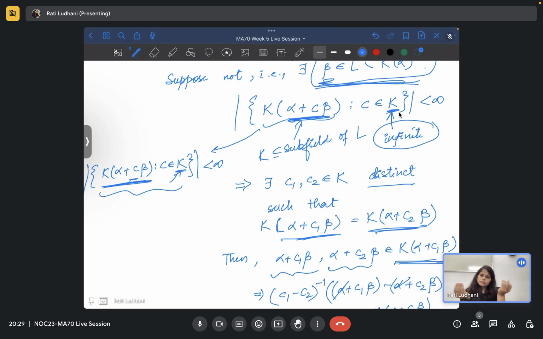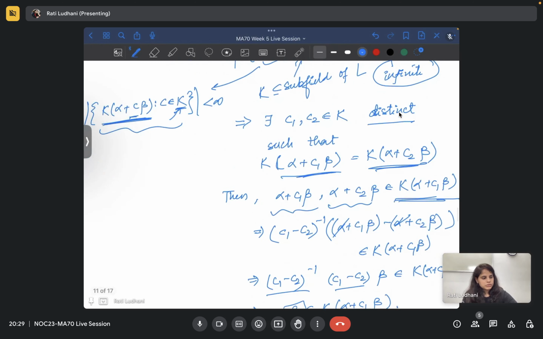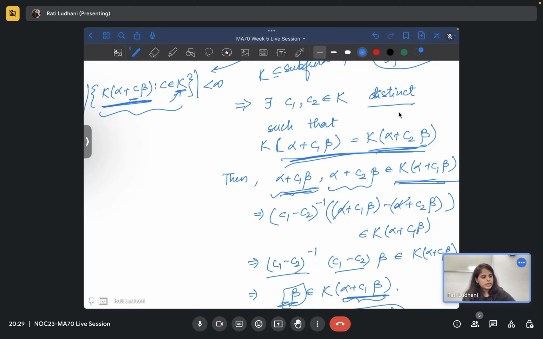So there will be some distinct C1 and C2, at least two. You will get this condition, and you know that these two fields are the same. So you have both elements in K(alpha plus C1 beta); you can pick any representative.